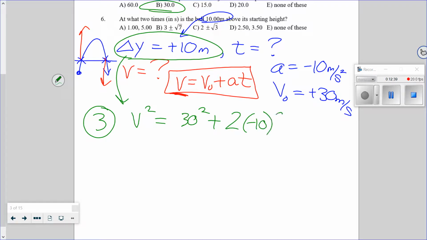So the speed, when it's at that height, accelerating down at negative 10, both on the way up and the way down, is going to be 900 minus 200, the square root of 700. And it's positive and negative, because either one of those times itself would be 700, and that's 10 times the square root of 7.